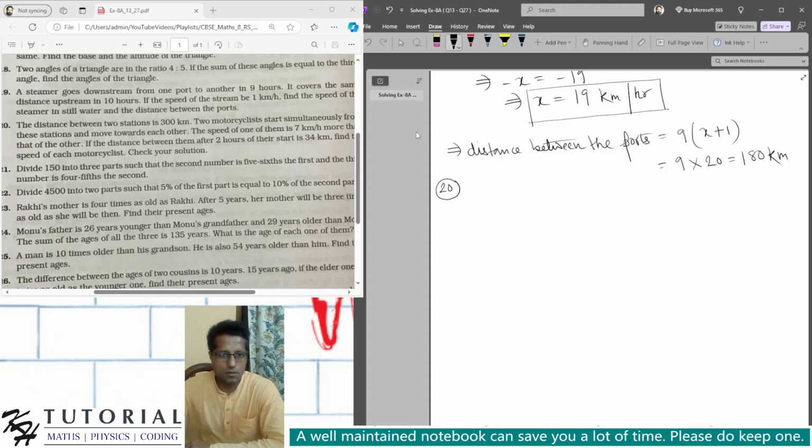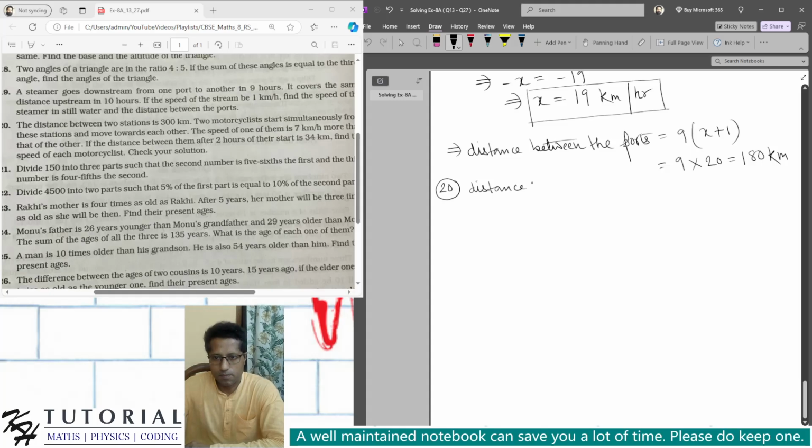Okay. So the distance between stations is given to be 300 kilometer.